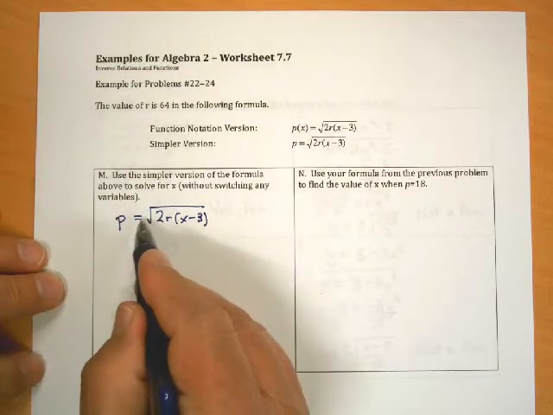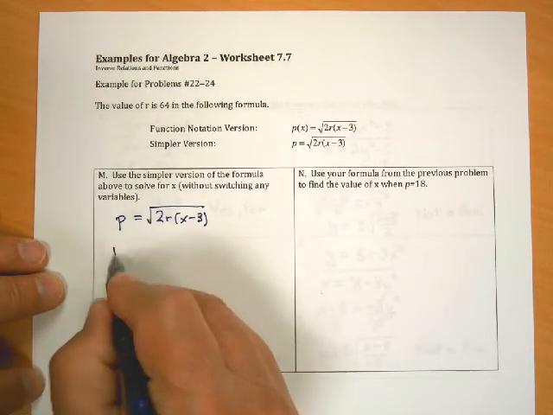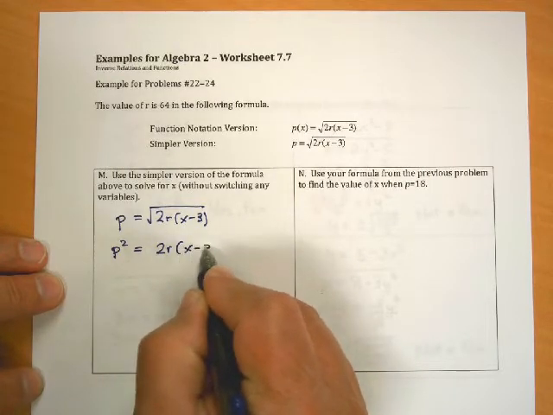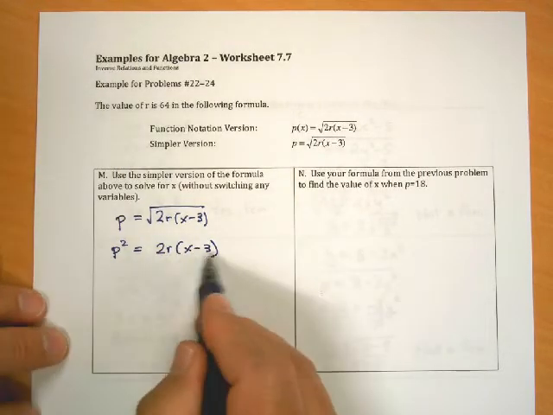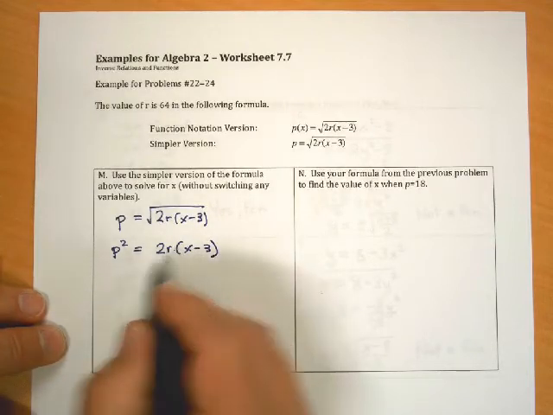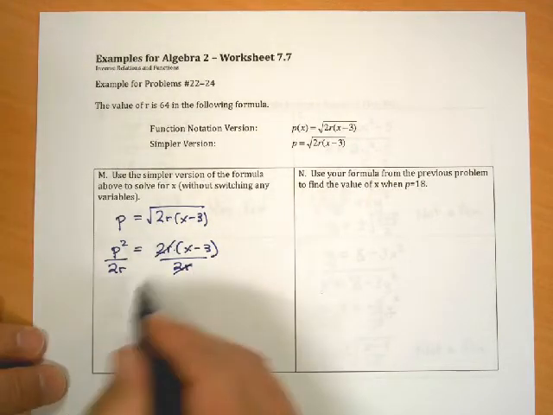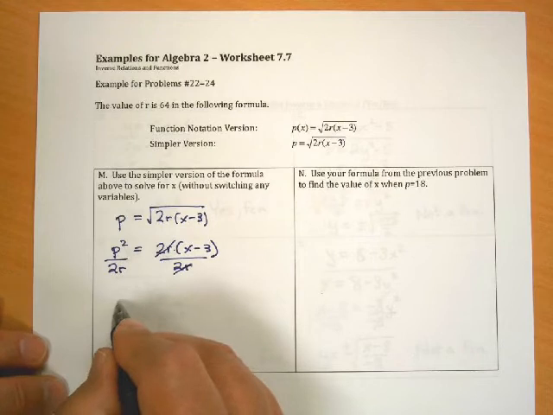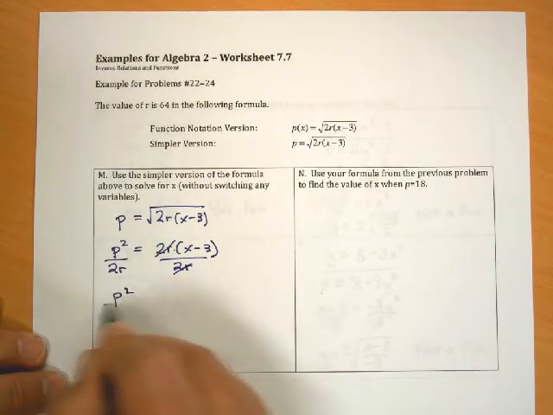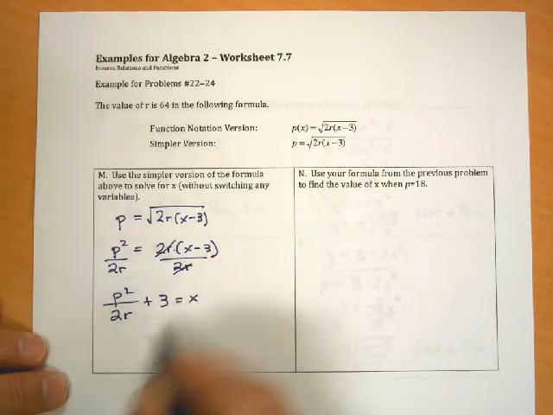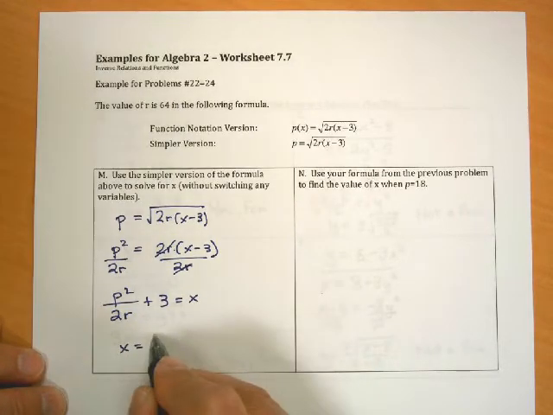Well, the outside layer here is the square root, so I'll get rid of that by squaring both sides. And the outside layer now is this times 2r, so I'll divide by 2r on both sides. And I'll simply add 3 to both sides. Let me turn it around and I'll be done with this part of it.